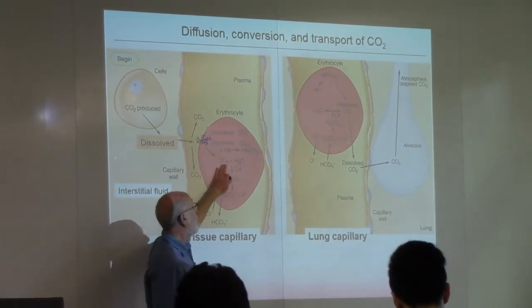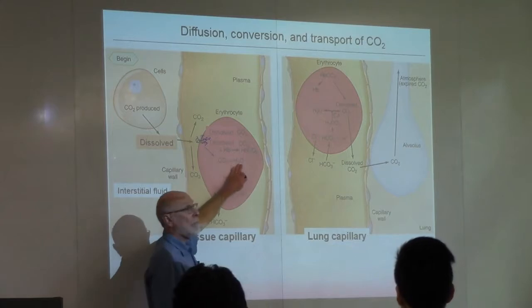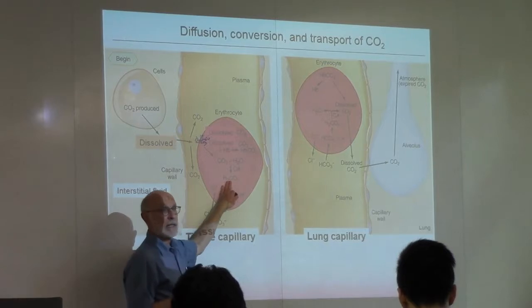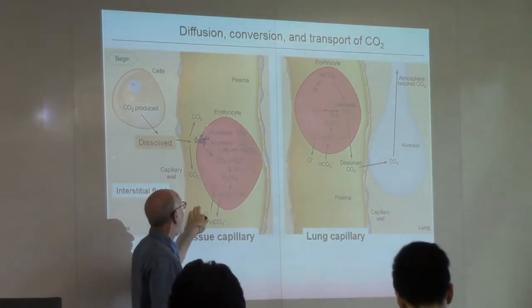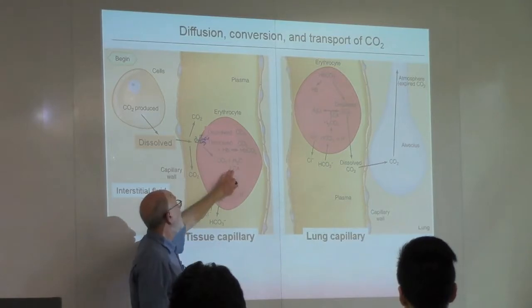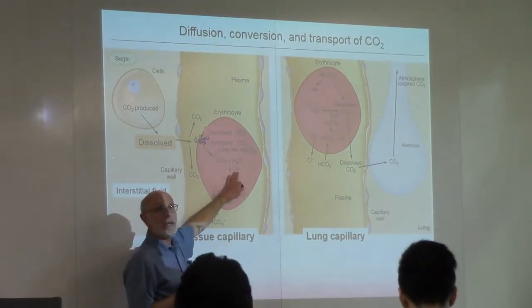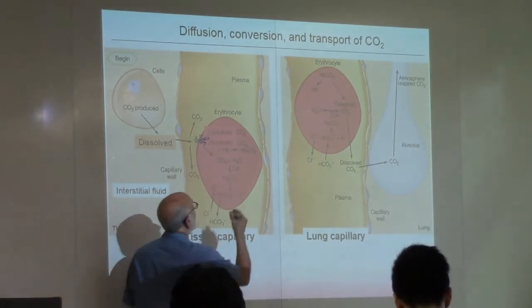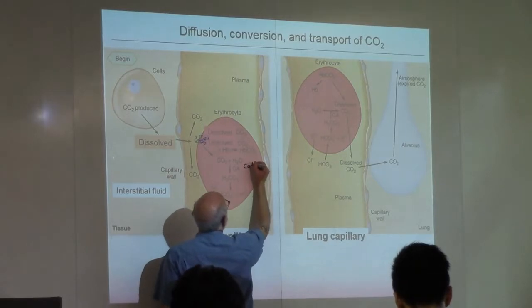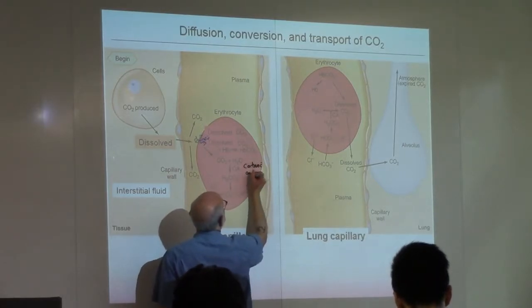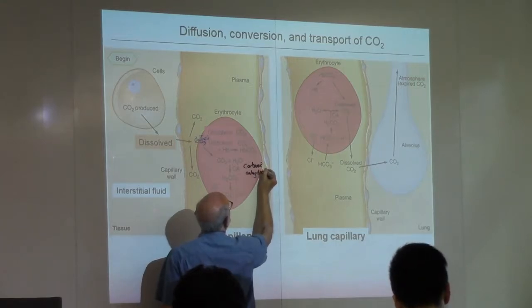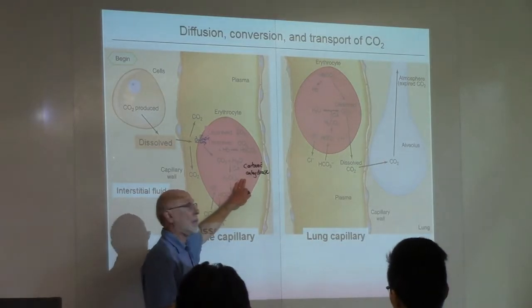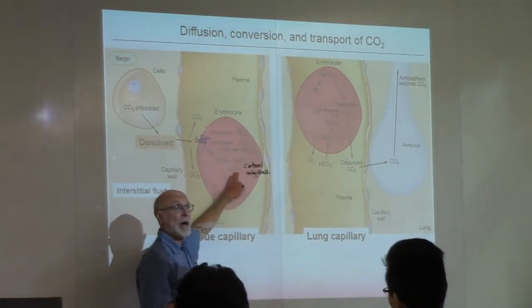Some of the dissolved carbon dioxide combines with the water in the cytoplasm and makes carbonic acid. Now this happens out here too, but this step is accelerated about 1,000,000-fold by the presence of carbonic anhydrase. You probably can't read that from the back of the room, but you should annotate your handout with what CA stands for: carbonic anhydrase.